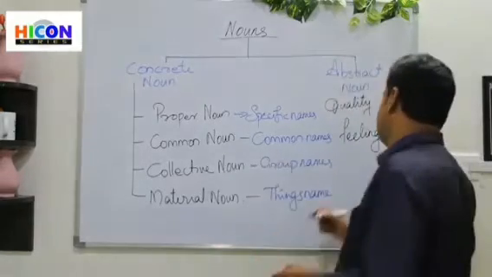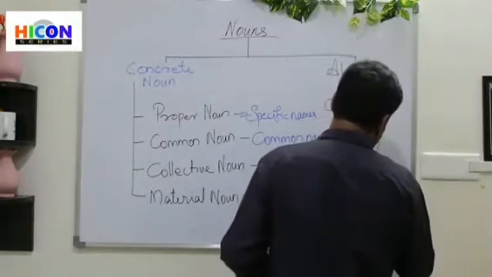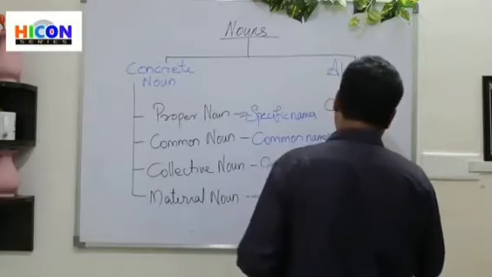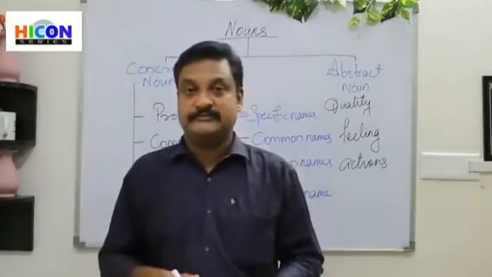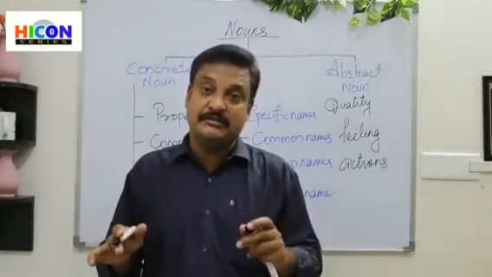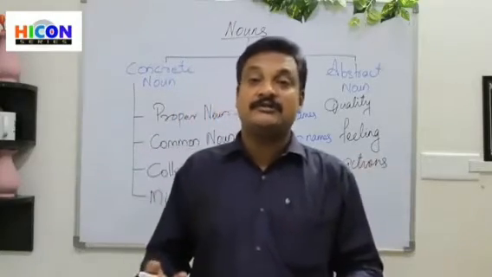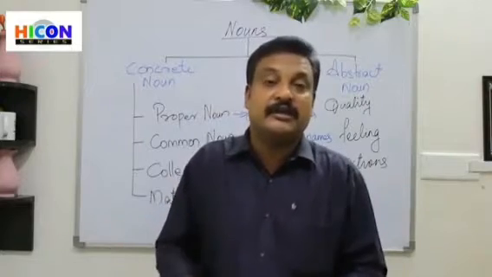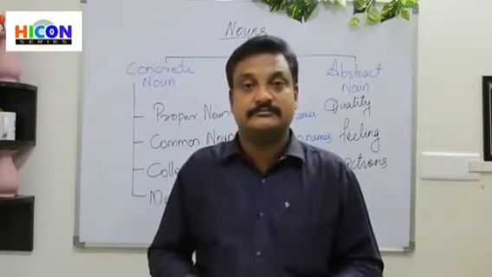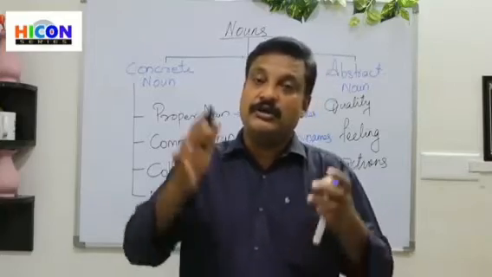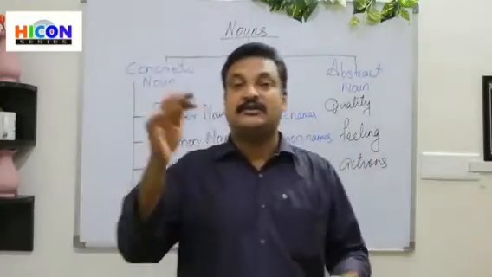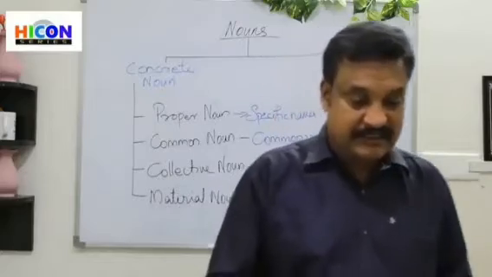Then actions. Laughing is an action which is an abstract noun, because if I do not laugh, then nothing happens. Nobody can see it. So, laughter, crying, these kinds of actions are abstract nouns.